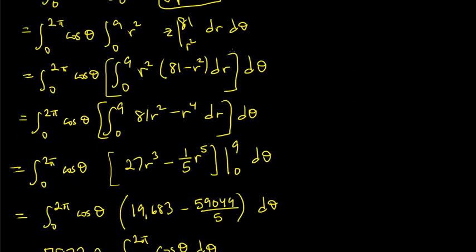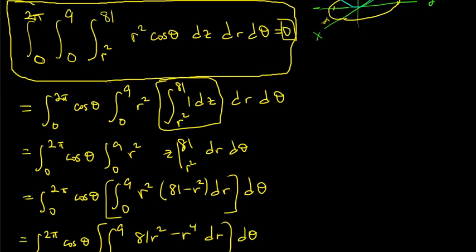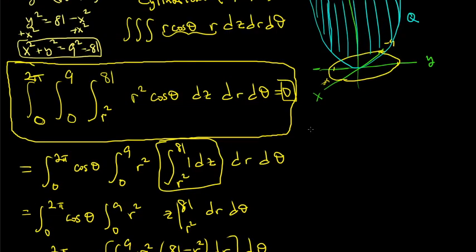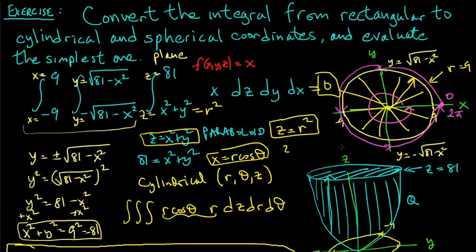All right, so pretty tedious, and of course you should have been able to see that because you're just integrating cosine. All this other stuff will just give you some constant times 0. Now, I said earlier that even from looking at the integral here, the triple integral in rectangular coordinates, it should have been obvious that this is 0, right?